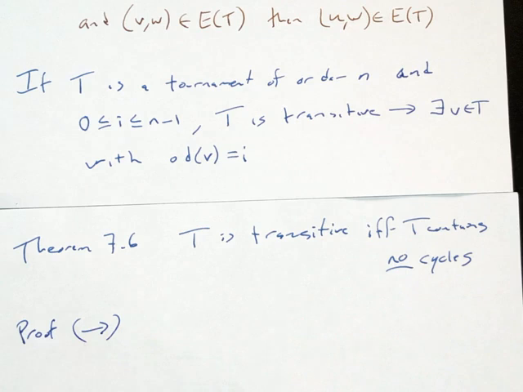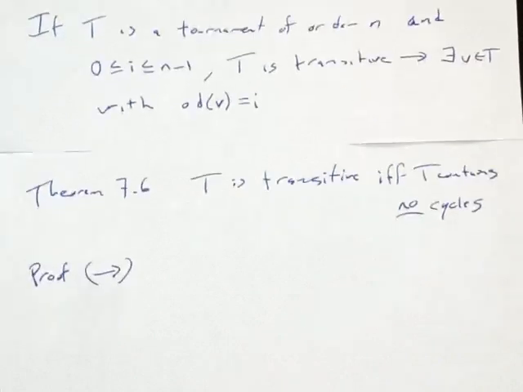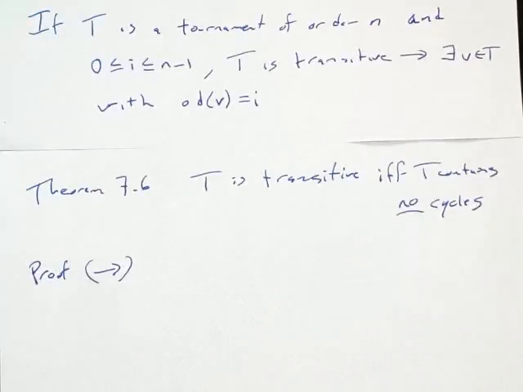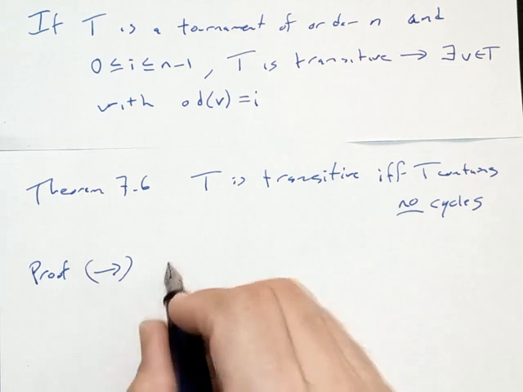And it's this direction that's different. Assume our T is transitive and that it contains a cycle.